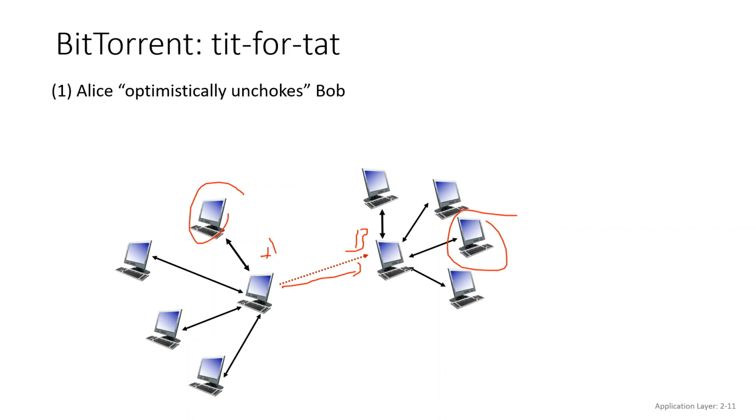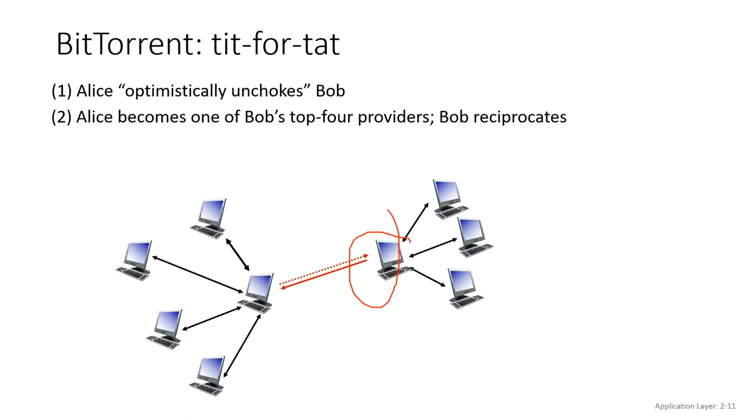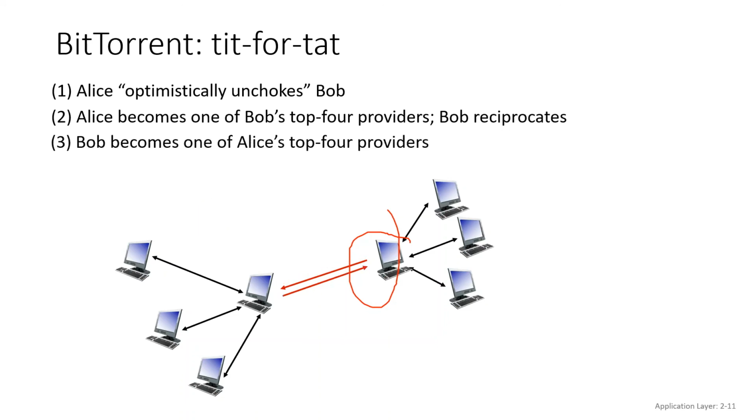Because of that, Bob has some providers here, and Bob is also their provider. By doing so, Alice also becomes one of the providers of Bob, because Alice helped Bob, and Bob also becomes one of the providers of Alice.